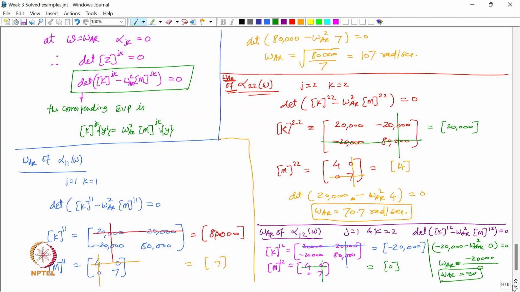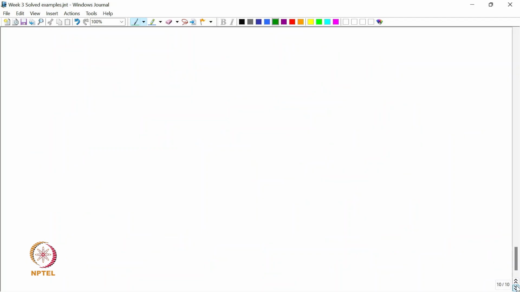Maybe I will just go to next page to say a few more things about this. So therefore this anti-resonance frequency omega AR we got, minus infinity, is not a valid value. If I show the FRF here for alpha 1 2, I am showing here alpha 1 2 omega, then this FRF may be something like this.